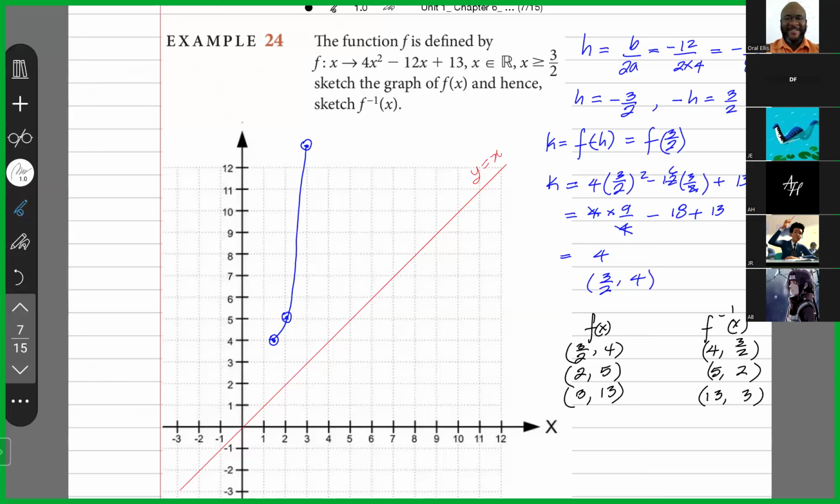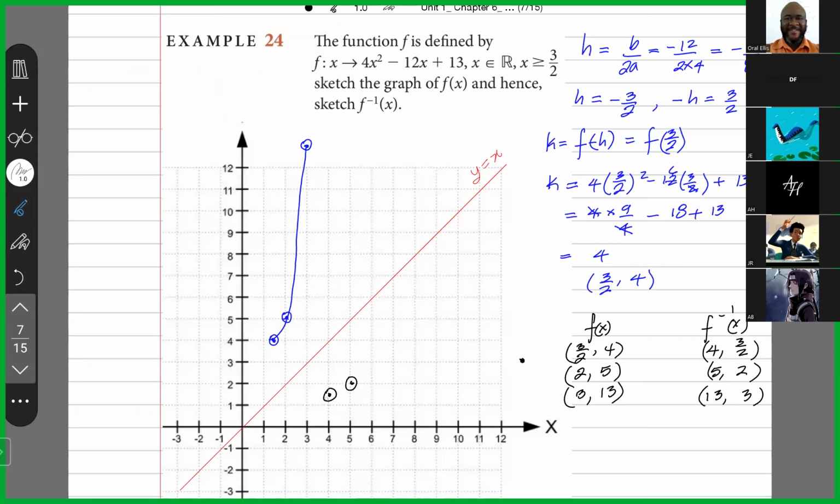So I can plot those points. The first one is 4, 1.5, which is here. Then 5, 2, which is here. Then 13, 3, which would put me somewhere around there. It's literally not on my graph.